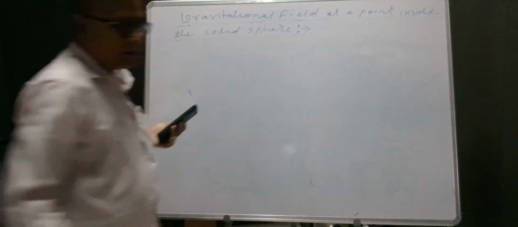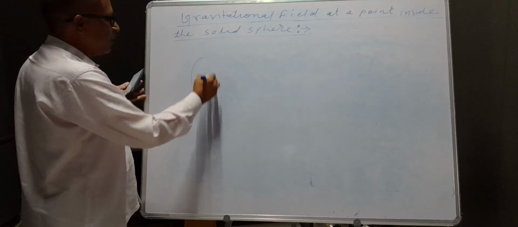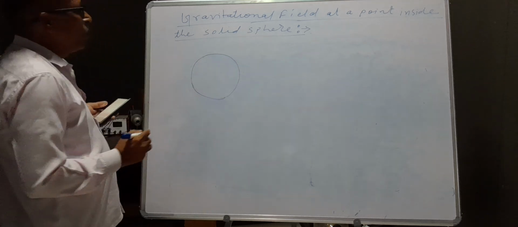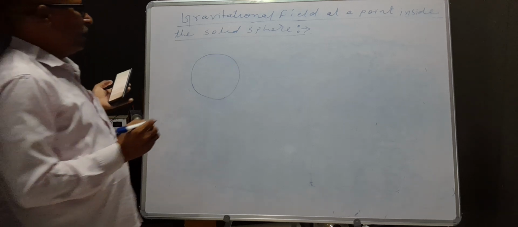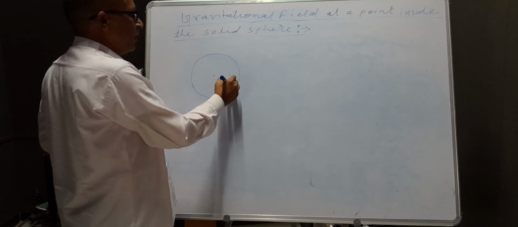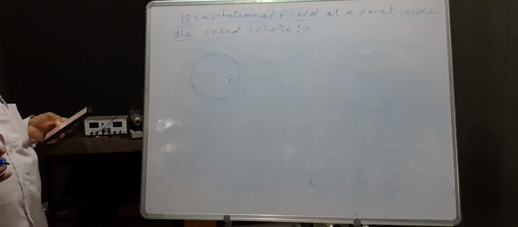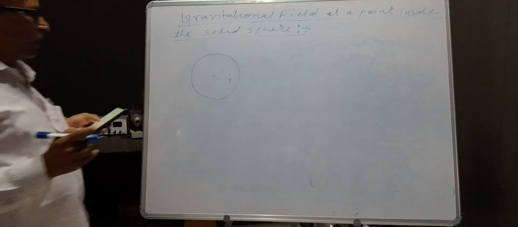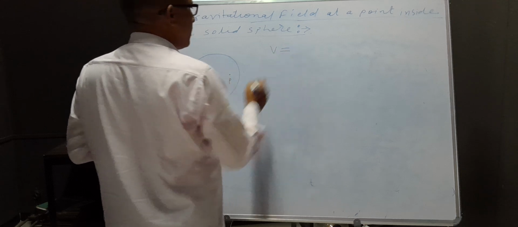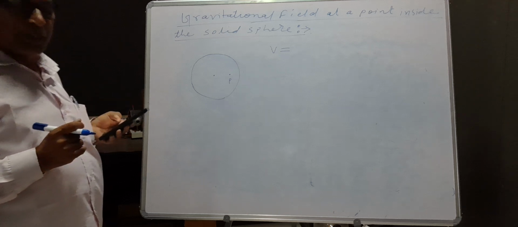We have already discussed this case for calculating the gravitational potential. Here O is the center and suppose this point P is lying inside the solid sphere. Yesterday we calculated the gravitational potential when the particle is lying inside the solid sphere.